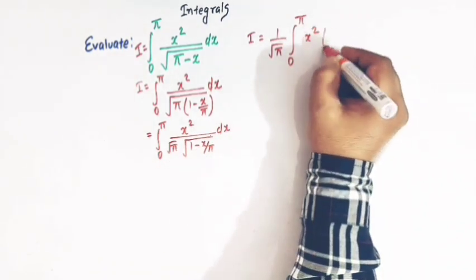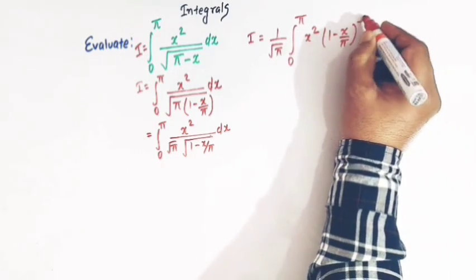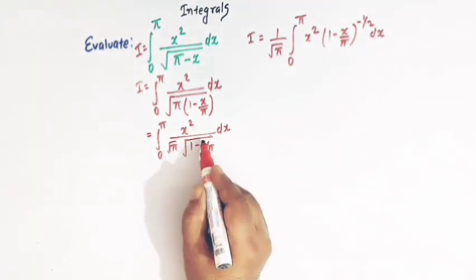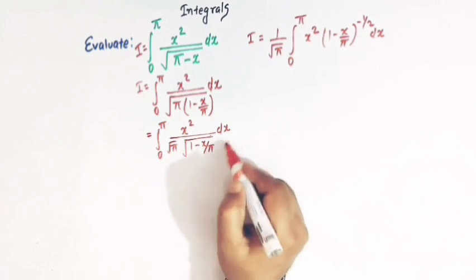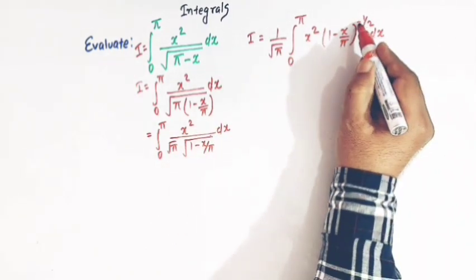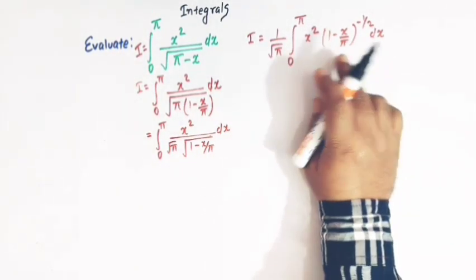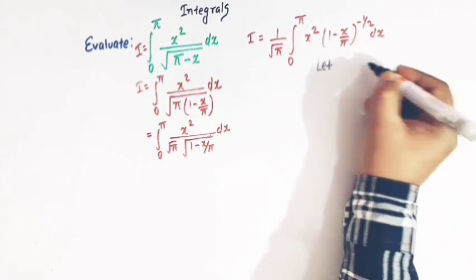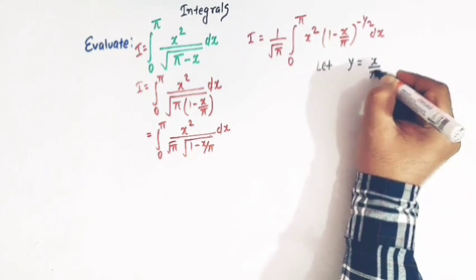So we can write 1 minus x over pi raised to minus half, right? Because this is square root, this is 1 over 2 power, so we can take it to the numerator. So this is minus 1 over 2. So now let us make use of the substitution method, and let us take y is equal to x over pi, right?